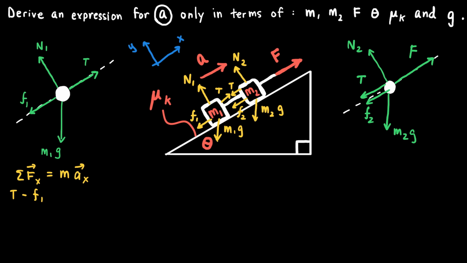If you look carefully, m1g has two components, one component that points into the ramp in the negative y direction, and then another component that points down the ramp in the negative x direction. And if you know your geometry a little bit, then you know that the angle of the incline, theta, is equal to the angle in this triangle here.